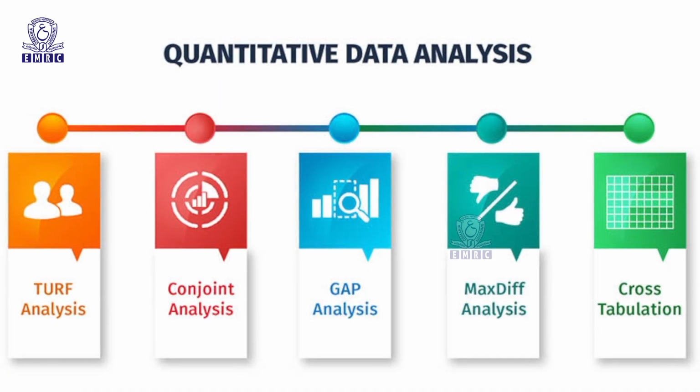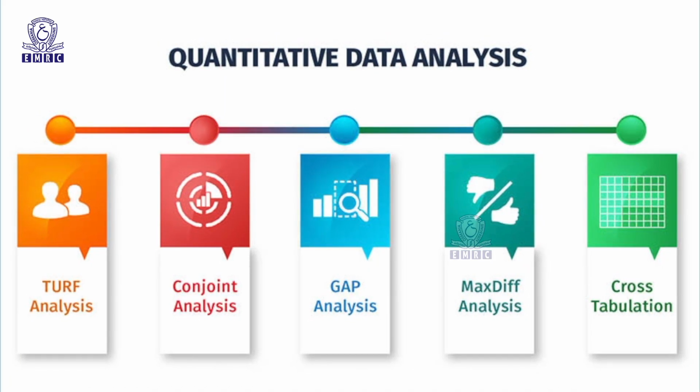Data analysis for quantitative studies, on the other hand, involves critical analysis and interpretation of figures and numbers and attempts to find the rationale behind the emergence of main findings.